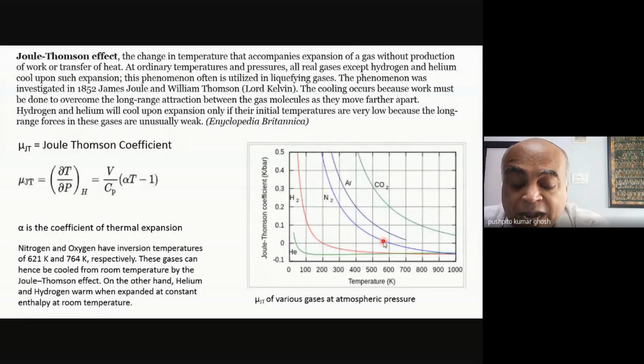And so it is that which is giving a manifestation in terms of a cooling, because when I'm expanding, I need to do work to pull the molecules apart, and so I get a cooling.